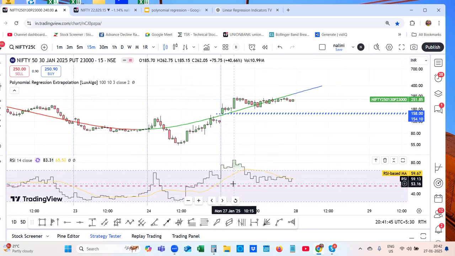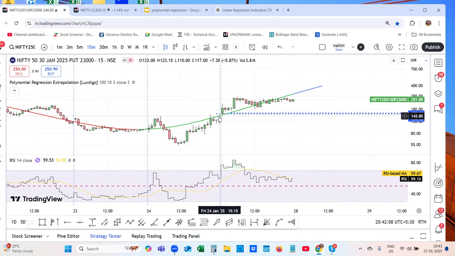So here, when price gapped up in the first candle, we cannot take the trade. Previous day closing was 121. It gapped up to 150 and made a high of 270.